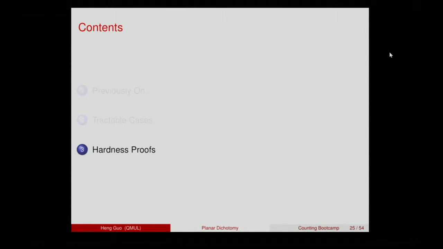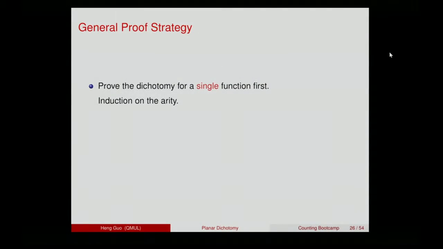So that's about it for the easy stuff. Let's talk more about the hard proof, or maybe hardness proofs. The general strategy of our dichotomy theorem is that we prove a dichotomy for a single function first. In general, we want to consider a set of functions, but it's somewhat too complicated. So we do a single function first, and we do an induction on the arity of the function.